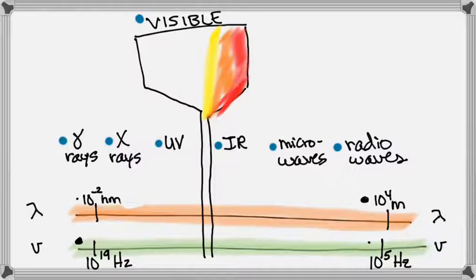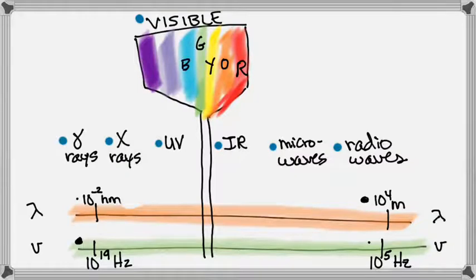Then we have our green, our blue, indigo is going to be next, and then violet is going to be on the far end. So looking at that, we've got red, orange, yellow, green, blue, indigo, and violet.